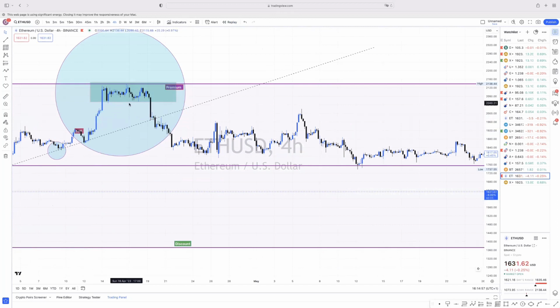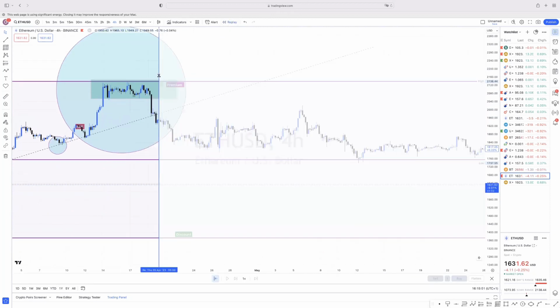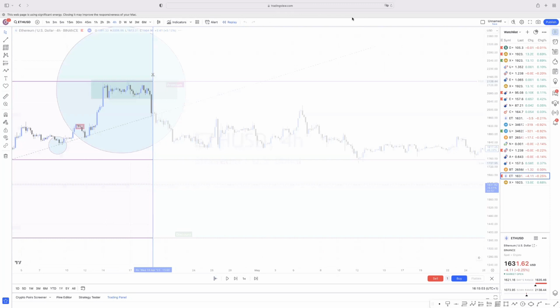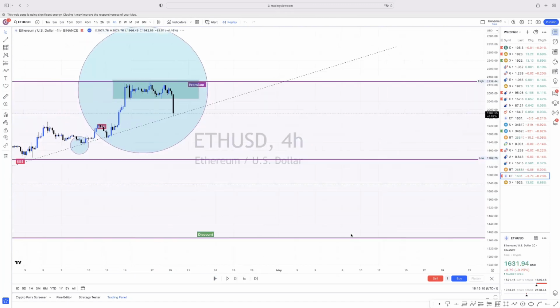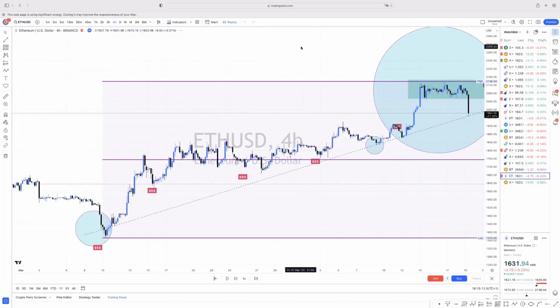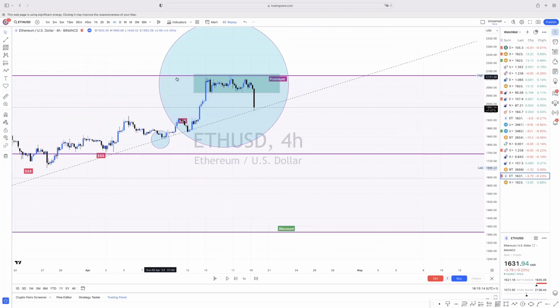I mean, the very first shift in market structure that I'm going to be paying attention to, which is this guy here. All right. So I'm shifting this backward a little so that you can understand what I'm saying. Now, yes, I have seen a bounce off the trend line here. But one thing is certain here.